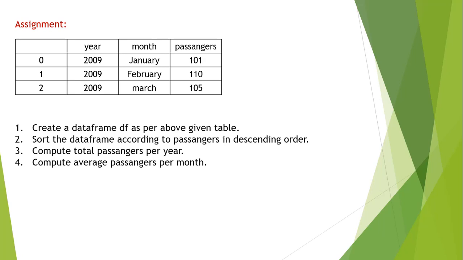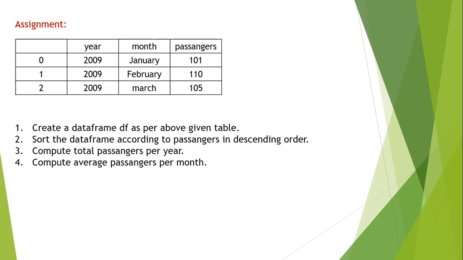You have to create a new data frame according to the values given in the table. Obviously you don't have to provide the indexes for it, because by default the indexing will be given as 0, 1, 2 only, but you have to be careful about the names of the columns and the values associated with the columns and the rows.